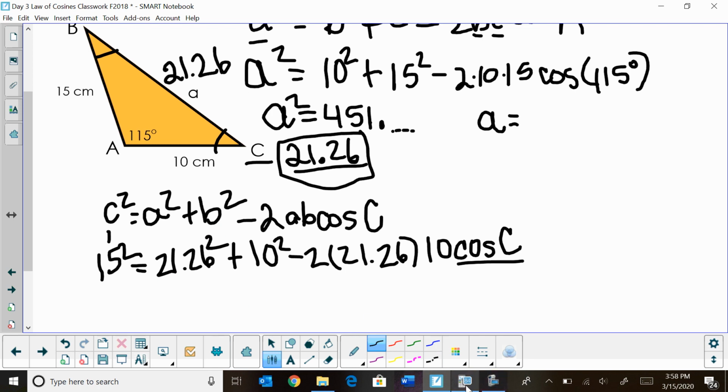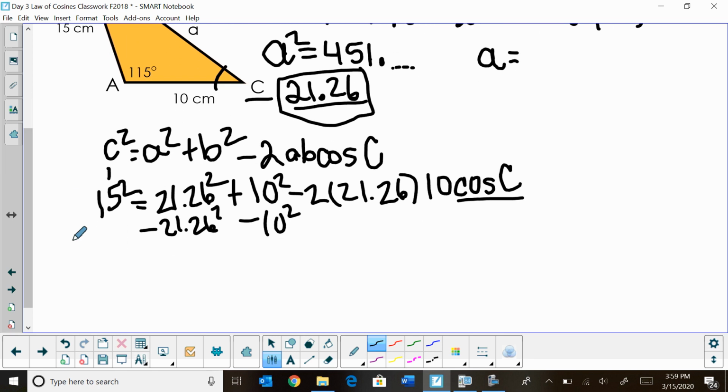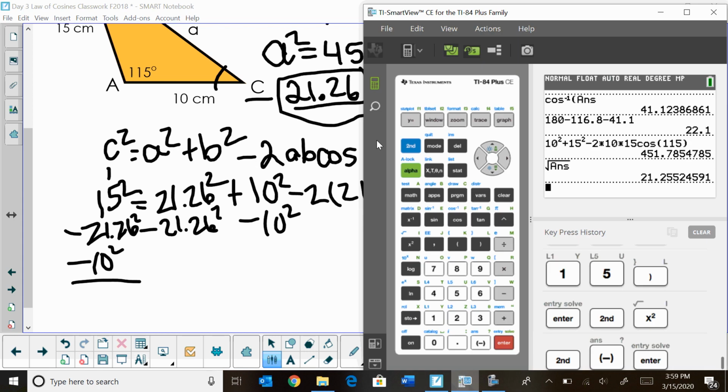Now let's do some calculations. We know we're going to subtract 21.26 squared, and we're going to subtract 10 squared, from both sides. I'm writing all this down. You can probably just type it in your calculator, but I'm going to write it down just to make sure we've got it. So let's grab my calculator.